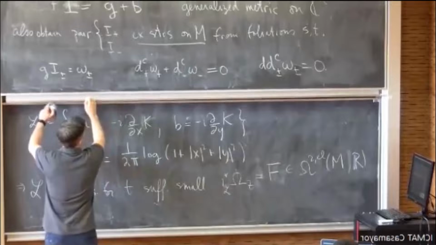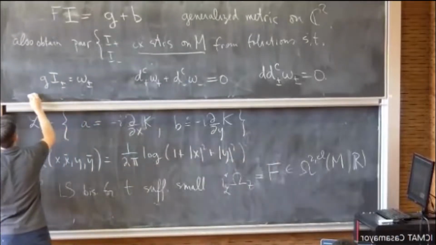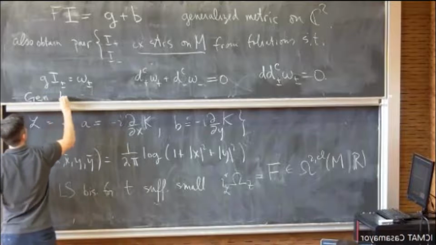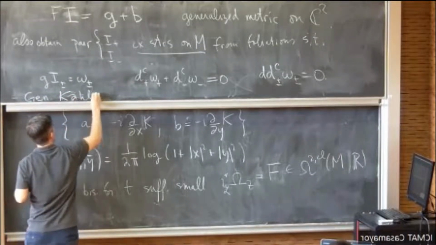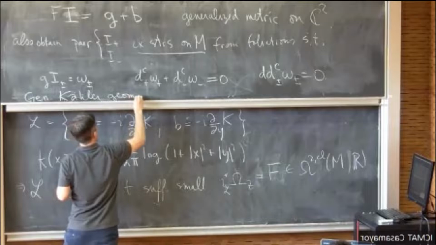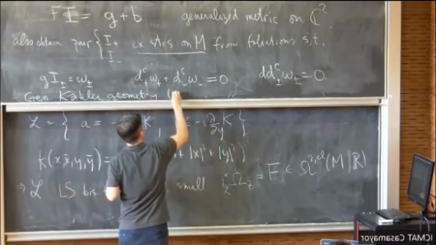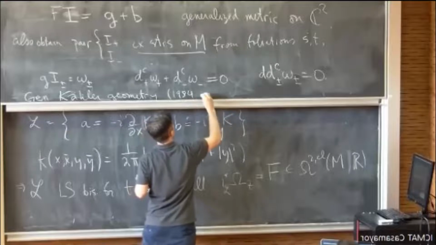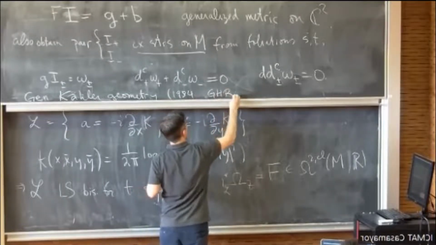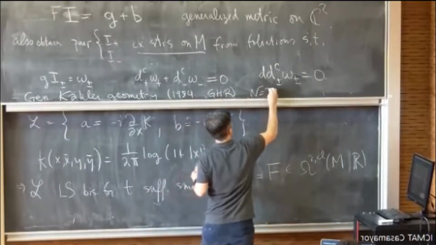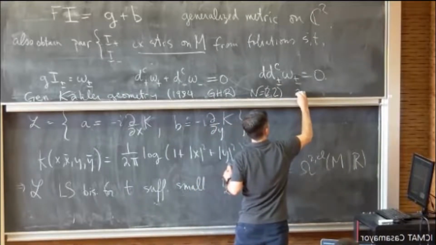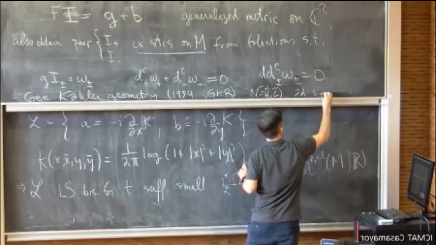And this is exactly what is called generalized Kähler geometry, which was discovered in 1984 by Gates, Hull, and Roček as the general N=(2,2) supersymmetric background for two-dimensional sigma models.